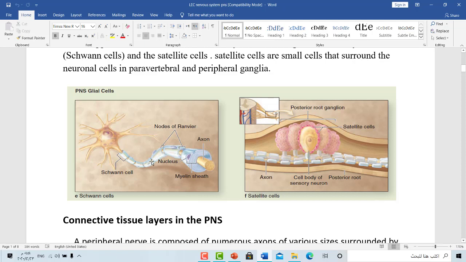The cell body of the neuron is in the ganglion, and the axon exits the ganglion. About the neuroglia, there are two: the stellate cell in the ganglion around the cell body, and the Schwann cell around the axon.